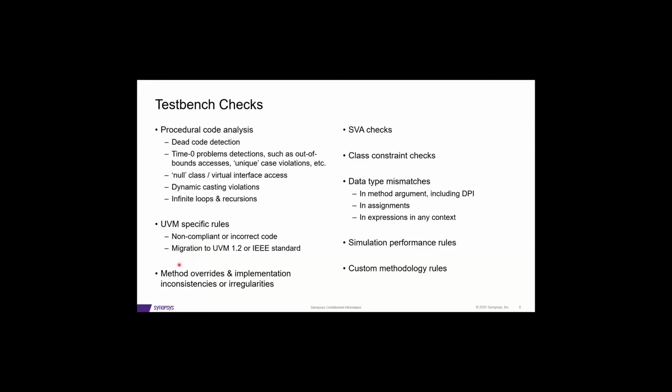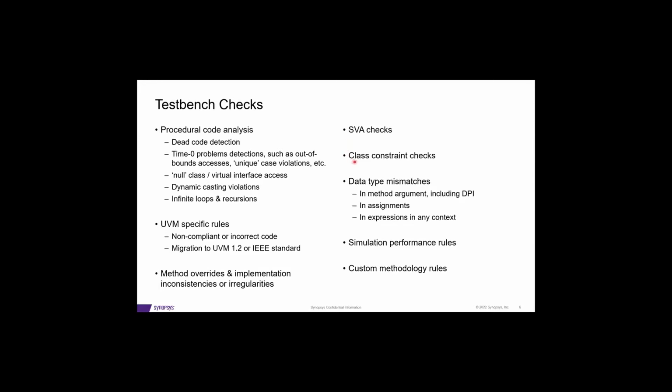We should also have rules to check method overrides and implementation inconsistencies or irregularities. It would also be great to have rules to check the SystemVerilog assertions while writing the code rather than debugging later, which again can be a very tricky debug.